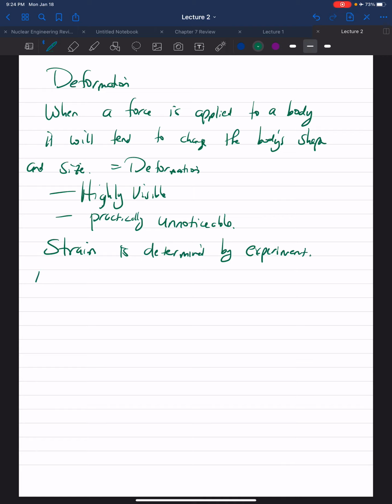For normal strain, we are concerned with changes in lengths.